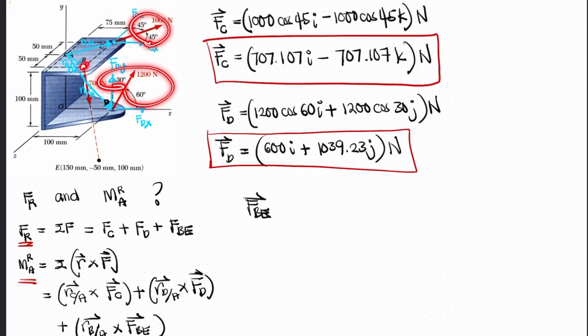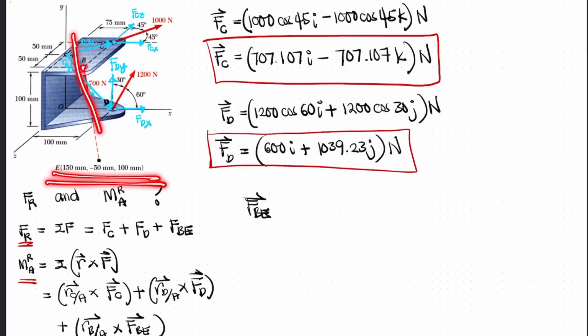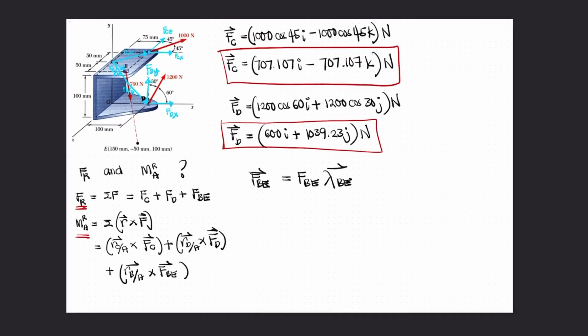In this case we are given two points showing where the line of action of F_BE lies. So the formula is magnitude times unit vector BE.